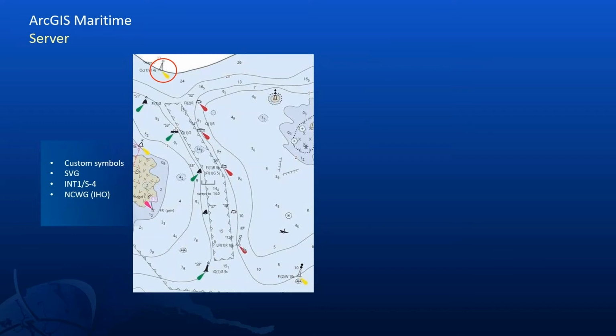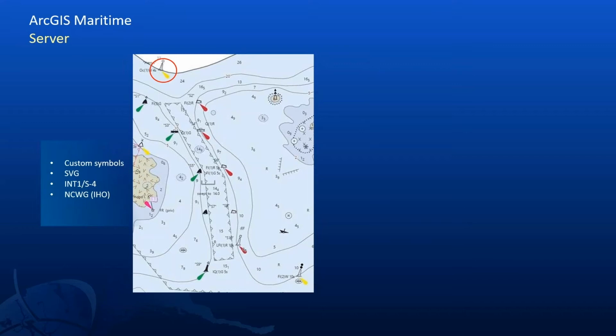These custom symbols are built on SVG, or scalable vector graphics, and how we're building them is aligned with the S-100 specification. We say custom here because you can do whatever you want with them, but really what we're building and delivering with our COTS, or commercial off-the-shelf, software is INT1 or S-4, however you want to refer to it, symbology. So we'll be providing that out of the box, but know that you can customize your own symbols.